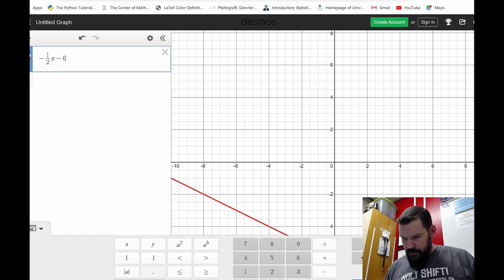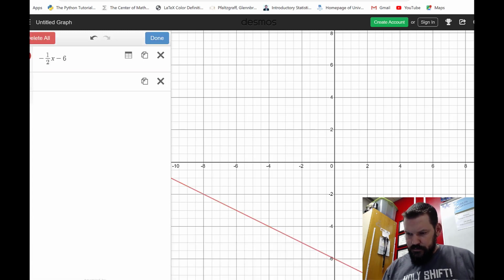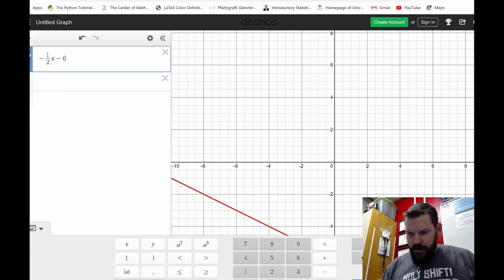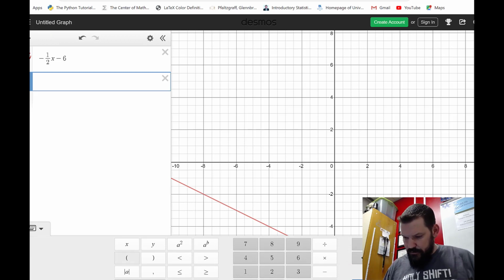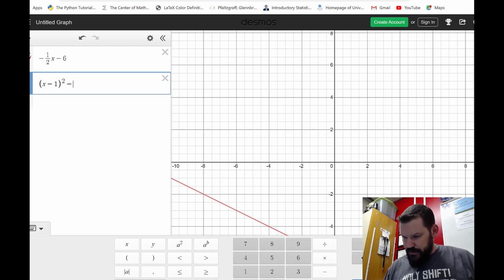Let's see if I can remember how to do this with Desmos. Nope, that's not right. I'm just going to go ahead and graph that for right now. And then we have the quantity x minus 1, squared, minus 5.